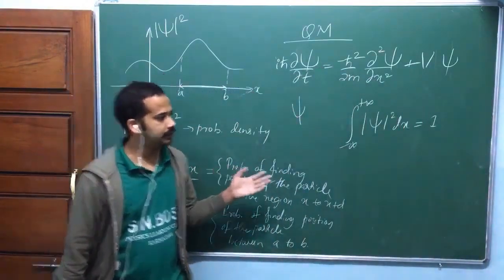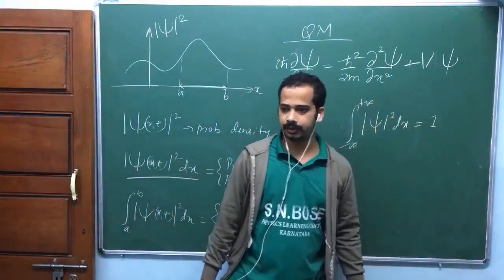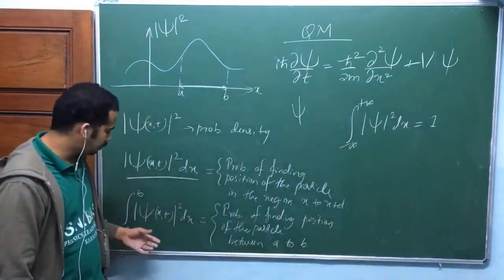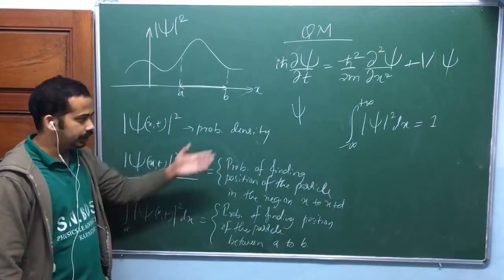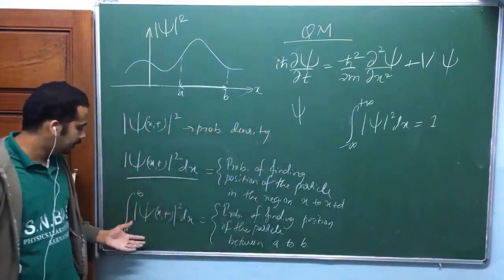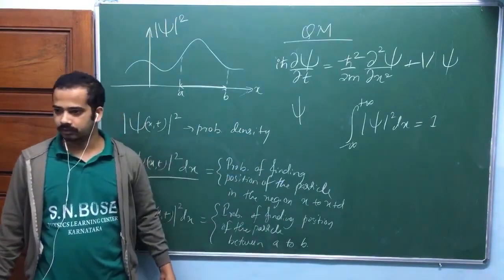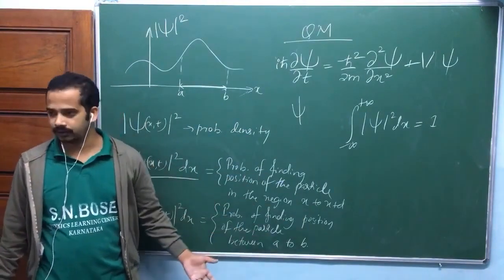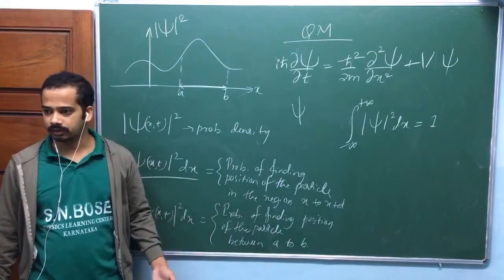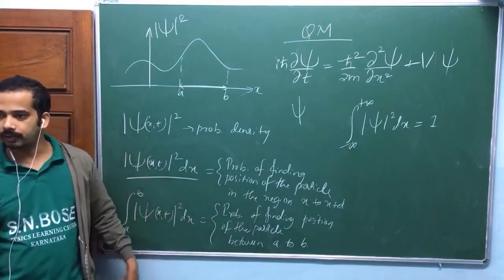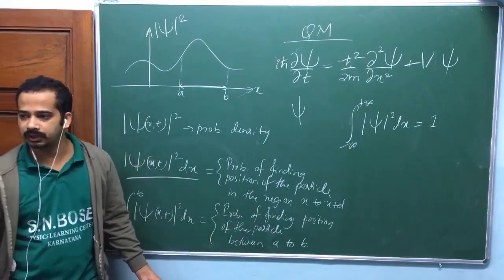What happens if you are not making total probability equal to 1? Look here: if you integrate from a to b, and this condition is not satisfied, you may get a value more than 1. Yes, if you are not normalizing, you may get any value here. That is quite meaningless.